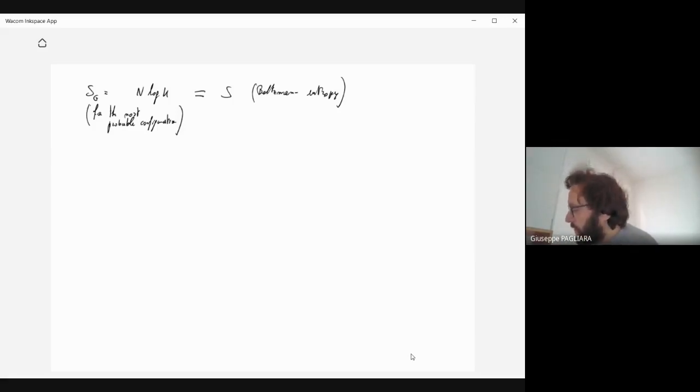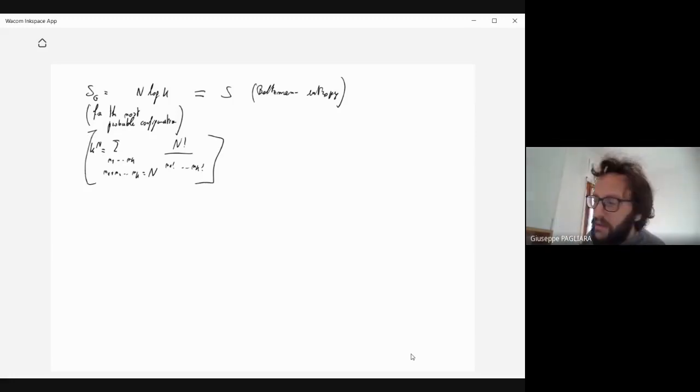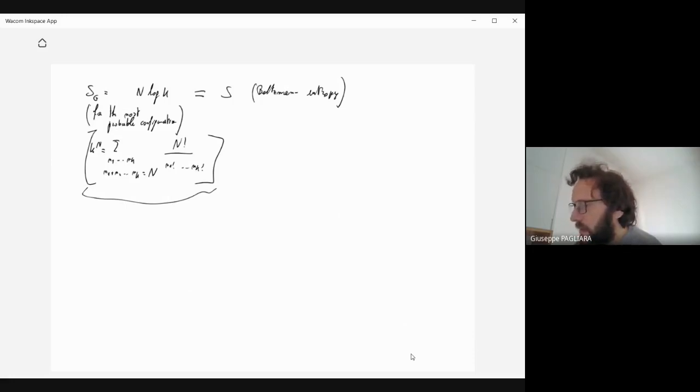The formula that one can use is the following: k^n is equal to the sum over n1 to nk, under the constraint n1 plus n2 plus ... plus nk is equal to n, of n factorial divided by n1 factorial ... nk factorial. So for just one constraint, the combinatorial is not very difficult, and this is provided by this formula here.